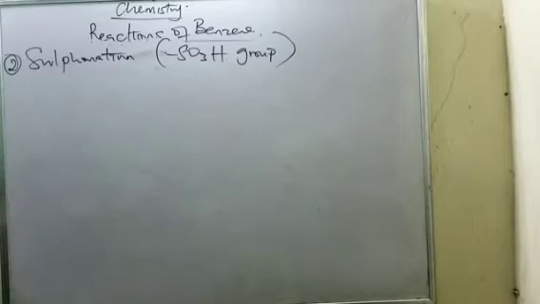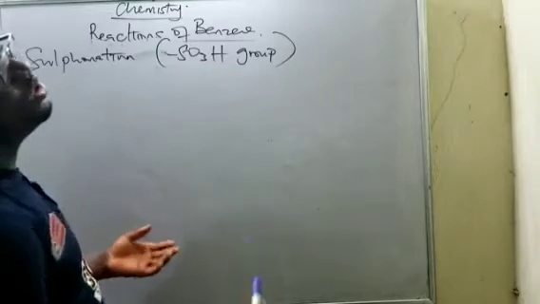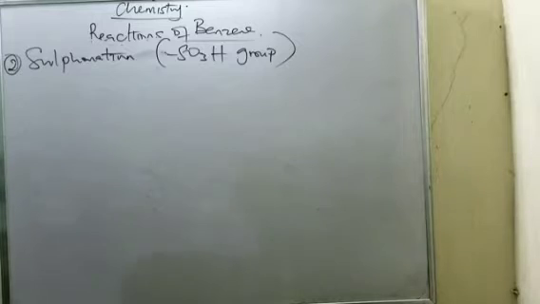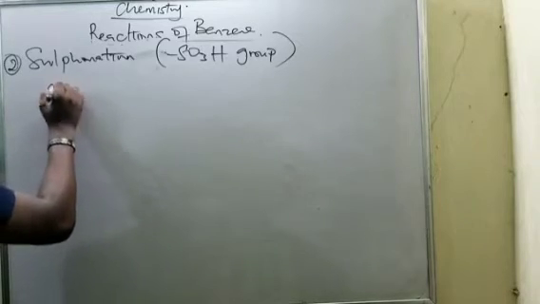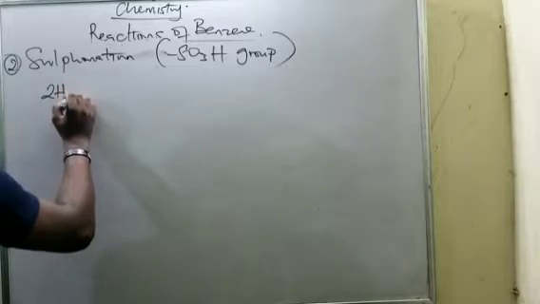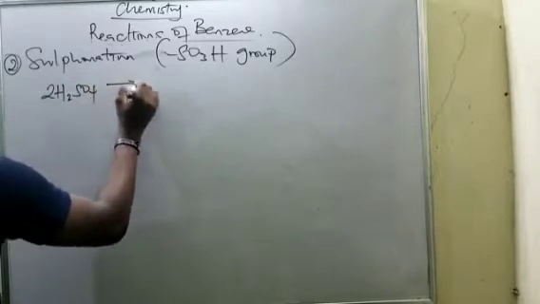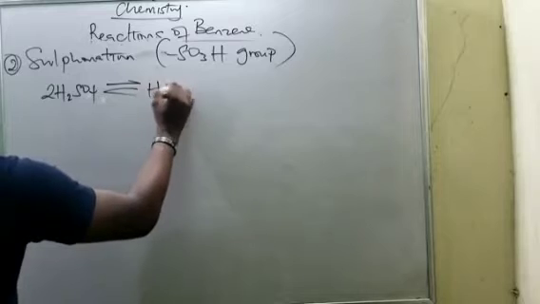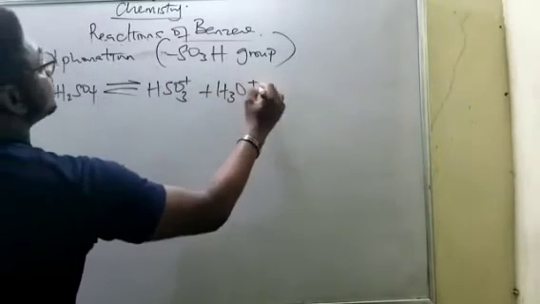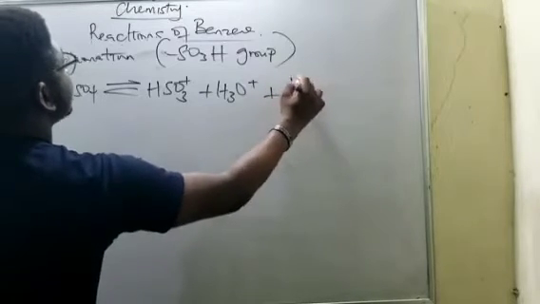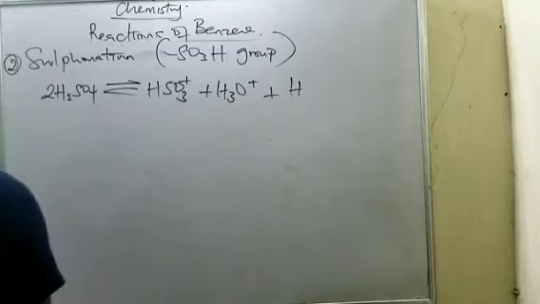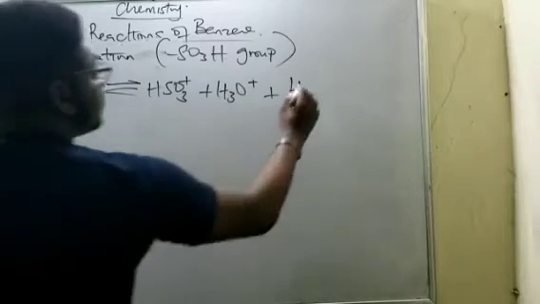But how is this formed? This can be formed in the presence of oleum or fuming sulfuric acid, where we are trying to generate the electrophile, so we have 2 moles of H2SO4 to give us HSO3 plus, H3O plus, and HSO4 minus.